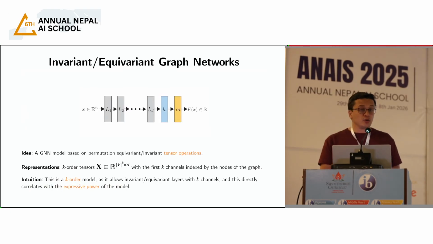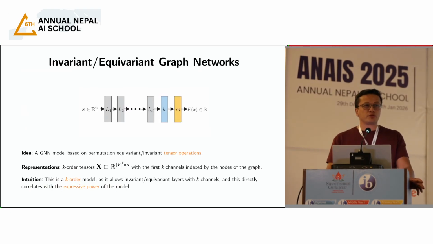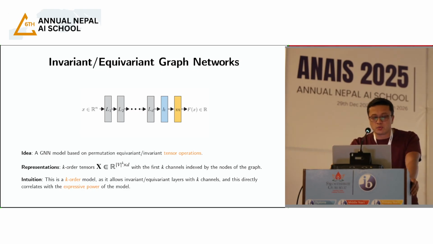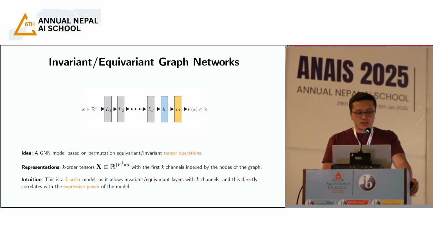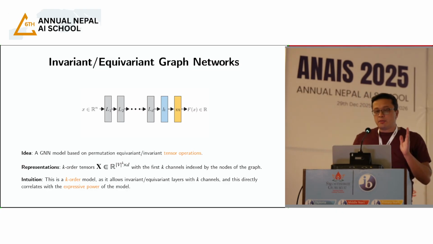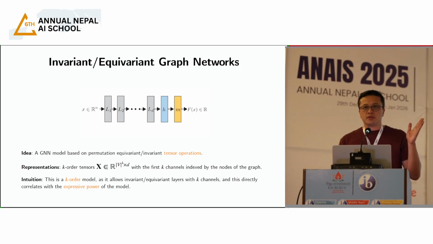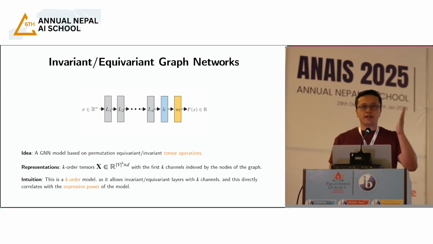That being said, this is not the only option. So if you want to implement some sort of k-ary invariance or some sort of higher order kind of refinements, you don't necessarily need to rely on message passing algorithms. So this is an interesting work because what we can do is we can just rely on k-order tensors instead. Remember how we design, say, simple neural networks. So we look at linear layers, right?